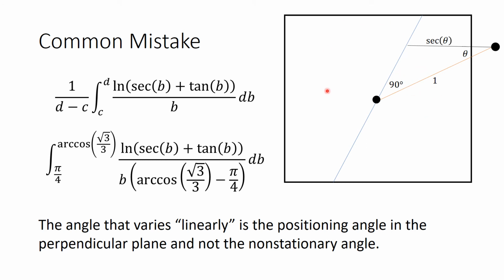Every angle in every plane is being spun randomly, essentially, because everything's just random. So the angle is stationary for each plane, and therefore you're adding up a non-stationary angle here, and it's not going to work.